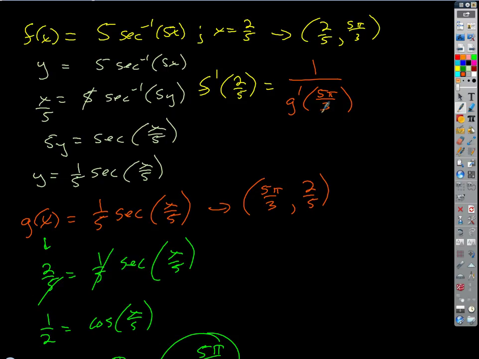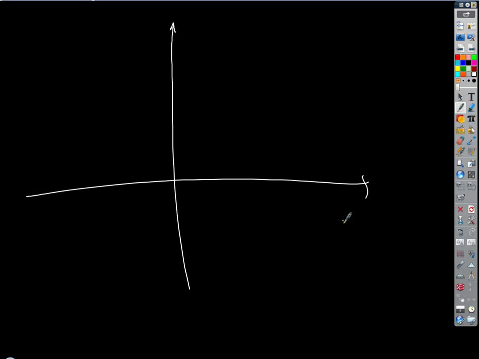And think why that is again. Let's not lose sight of why we're getting this result. This result is just an artifact of properties of inverses. We've got the symmetry about the line y equals x.